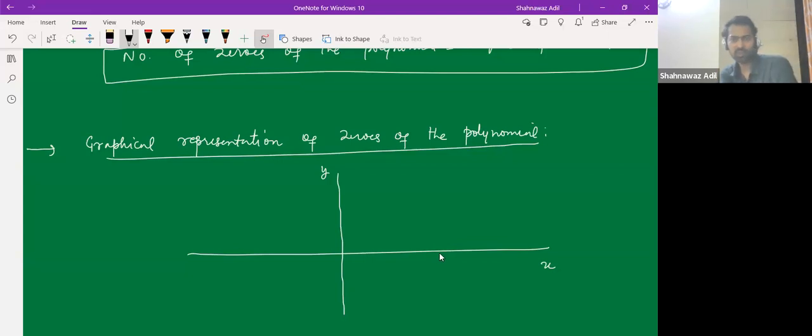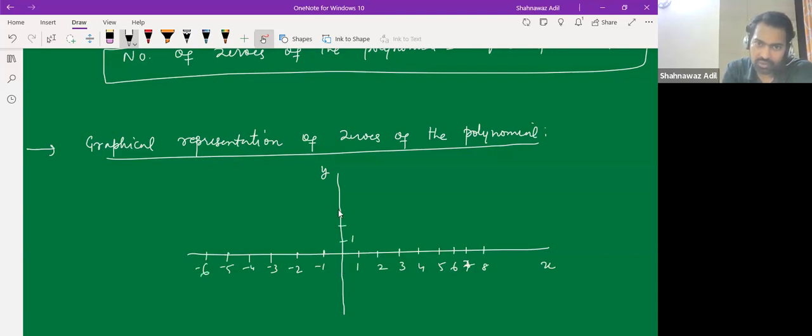We already know the coordinates of these axes. So let's say I have this one: 1, 2, 3, 4, 5, 6, and 7, and so on. This is minus 1, minus 2, minus 3, minus 4, minus 5, and on the y-axis 1, 2, 3, 4, minus 1, minus 2, minus 3, minus 4.